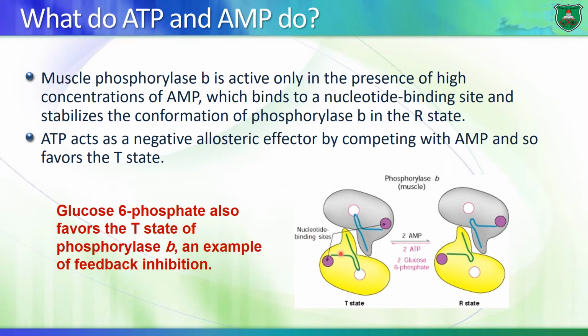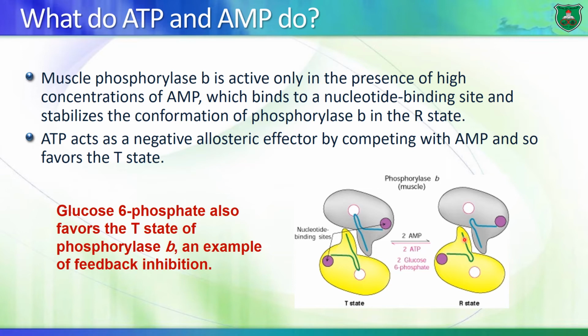So what happens is that AMP would bind to phosphorylase B, switching the conformation from the T to the R state. Okay, so AMP signals lack of energy in the system. Phosphorylase becomes active, it becomes in the R state, and it starts to remove glucose monomers from glycogen.